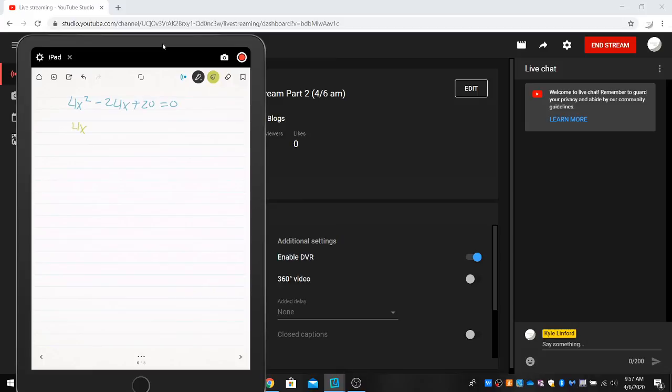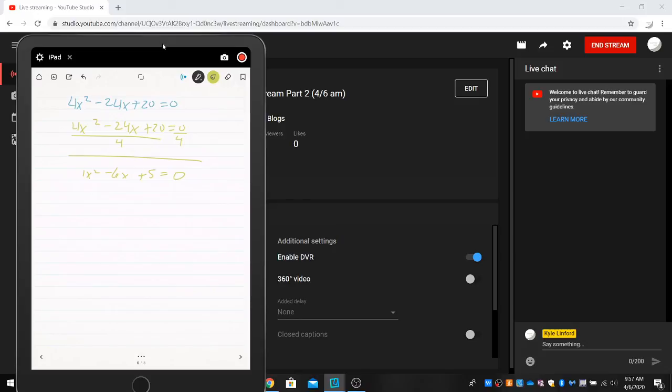Well, very simple. If it's not a 1, all you have to do is divide both sides of the equation by that number. So we end up with 1x squared minus 6x plus 5 equaling 0. All right, easy as that.